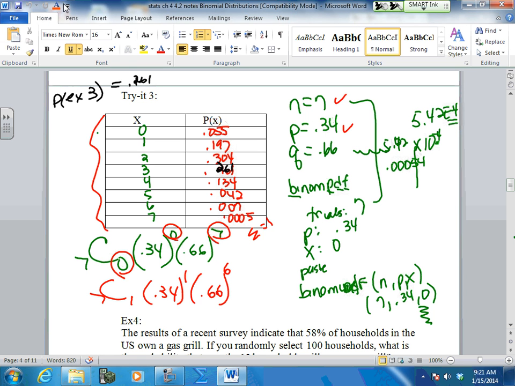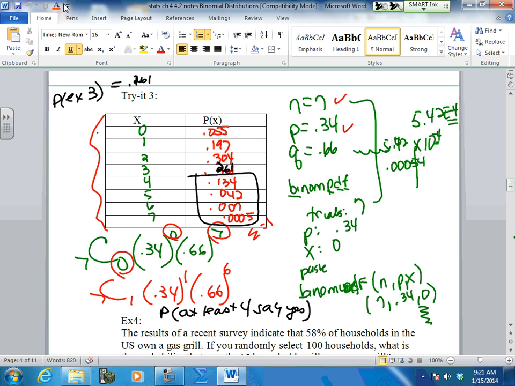Sometimes you can say this: find me the probability that at least 4 said yes. So at least 4 means which ones am I looking at? 4, 5, 6, 7. All I have to do is add these up. They're already on my table.